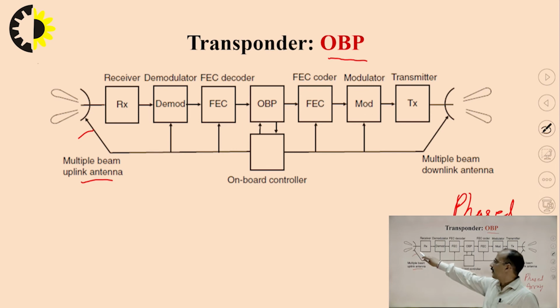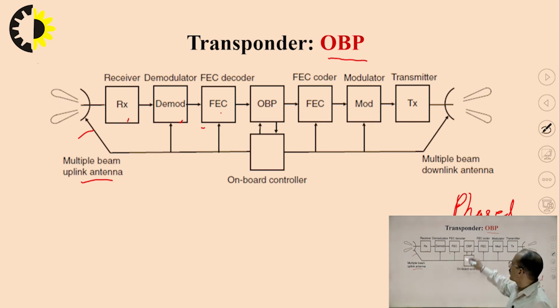The incoming signal on the uplink frequency comes here to the receiver, where the required amplification as well as demodulation is done. Hybrid demodulation techniques or modulation schemes are used for the processing part. Then they use a forward error correction decoder, because digital data is always created in such a way that you can easily detect and correct errors.